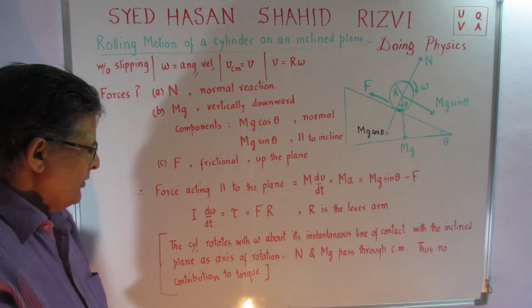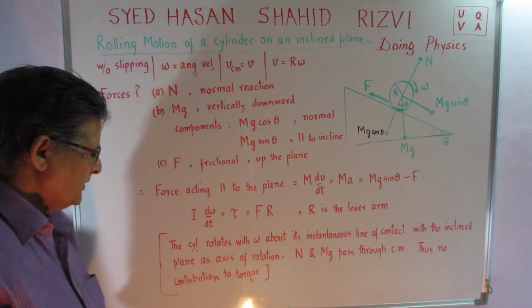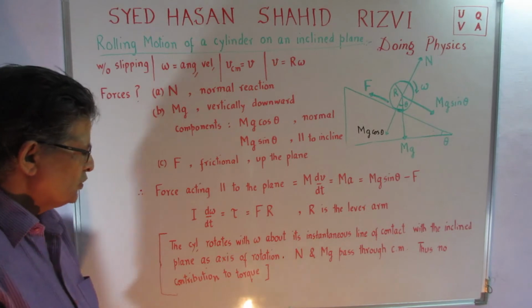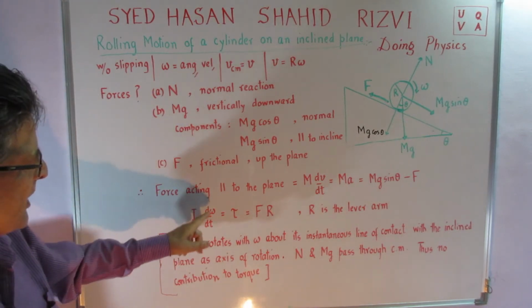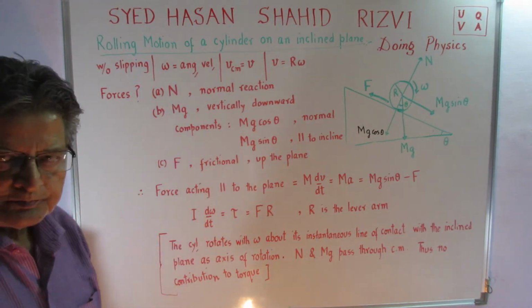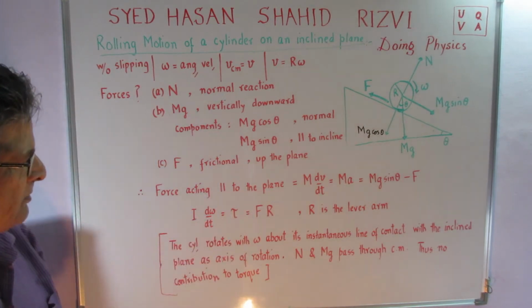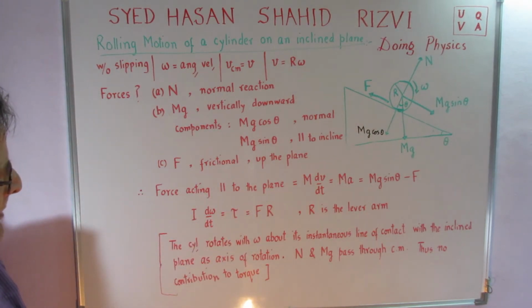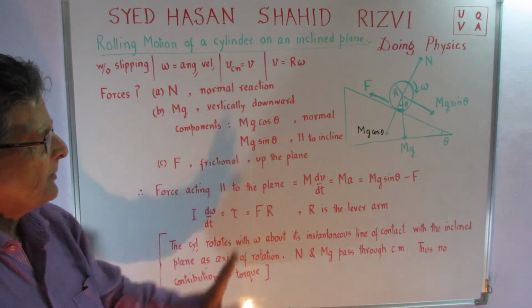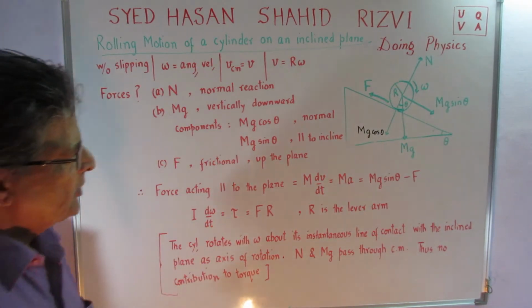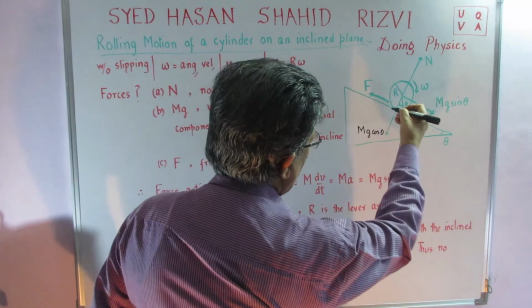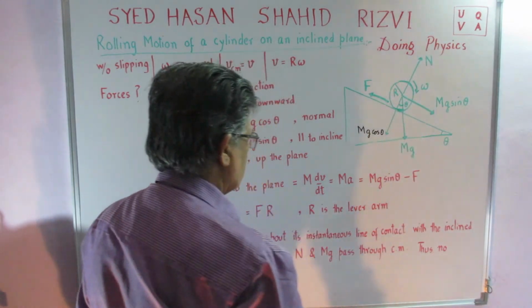Also, now we have to calculate the torque. So I d omega over dt is equal to torque. I am just writing the scalar form, and this is equal to F multiplied by R, because this is R and this is F, like this.